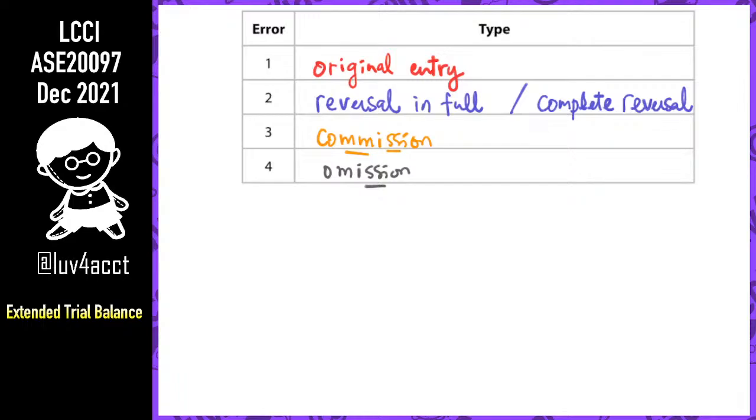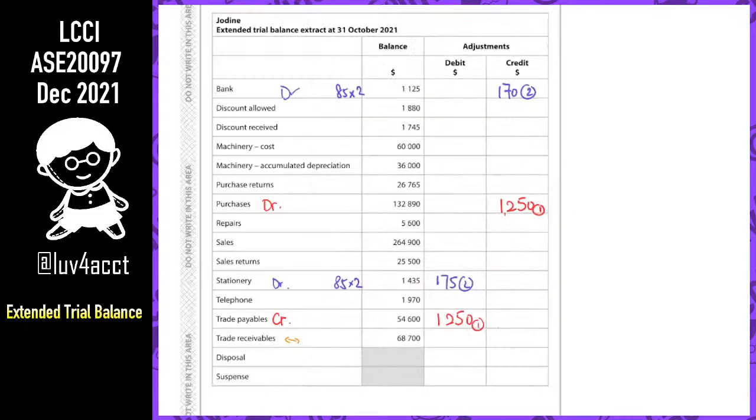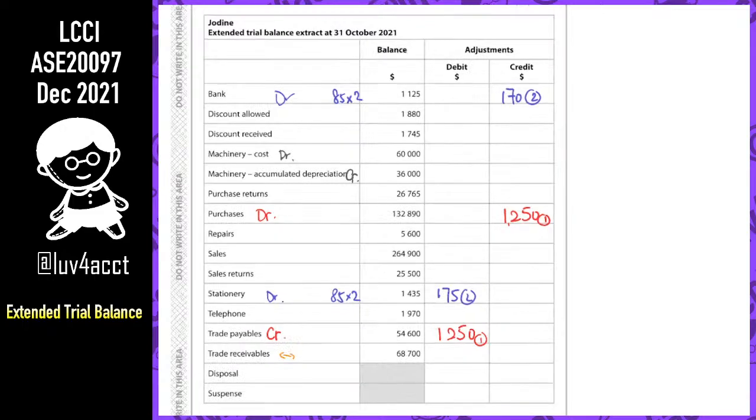So the whole disposal is being omitted. That means we have to do it from the beginning. For disposal, you have to take away from the cost, take away from accumulated depreciation, and then you also have a receipt, proceeds, put into the bank.